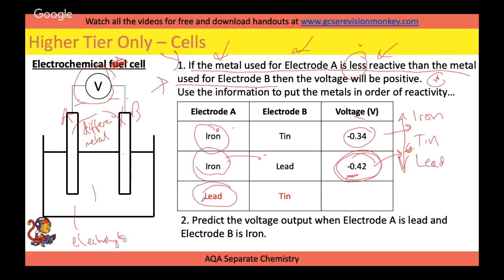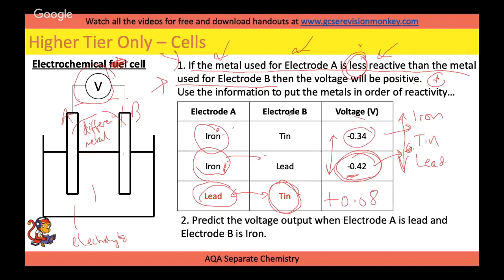So we have lead as electrode A, which we now know is least reactive, and then we have tin as electrode B. So looking at this statement, we know that the voltage output must be positive, because if electrode A is less reactive than electrode B, then the voltage is positive. And because we've got lead and tin, previously we compared it to iron. So the voltage that they produce will be the difference between these two. So the voltage that they produce would be 0.08. So that's the kind of question that they might ask.